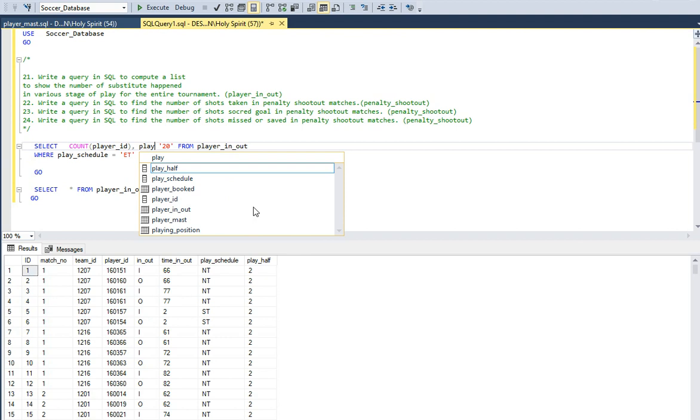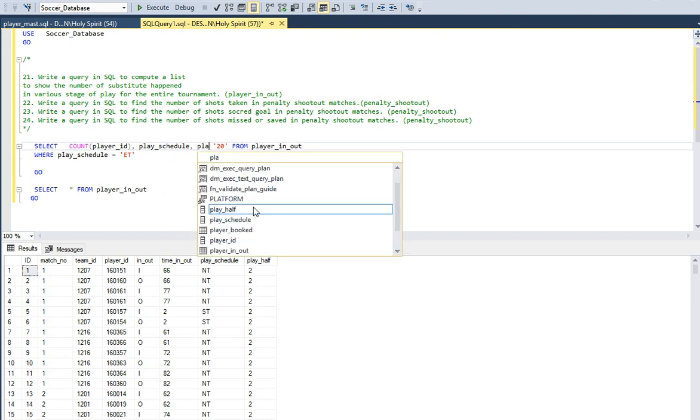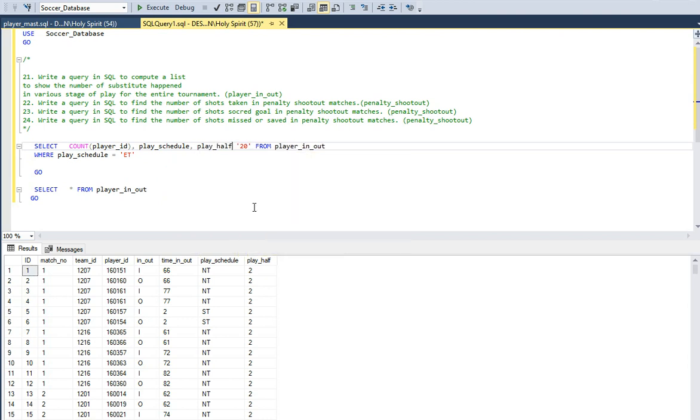schedule. We can take play half as well. Wow. No, there is no condition here.